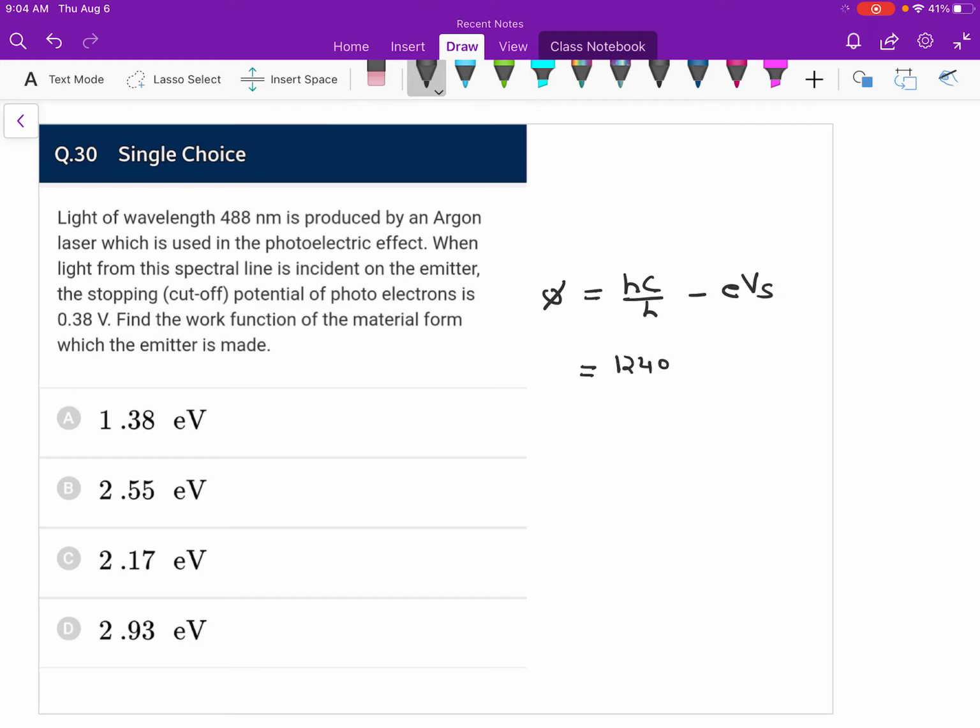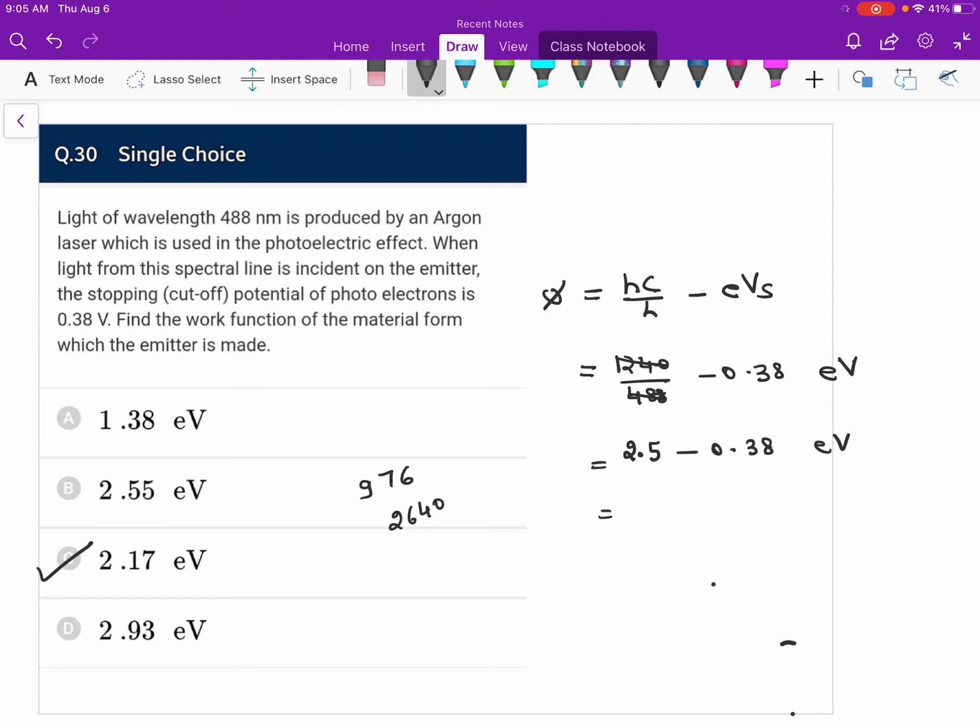That is 1240 upon 488 minus 0.38 eV. 488 into 5 is 2440, so roughly 2.5 minus 0.38, that is 2.12, close to 2.17 eV.